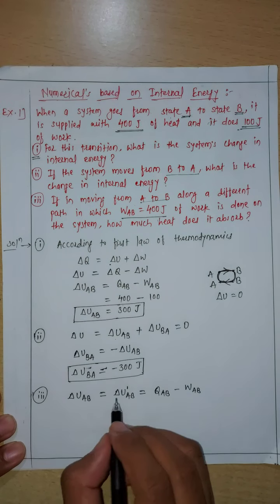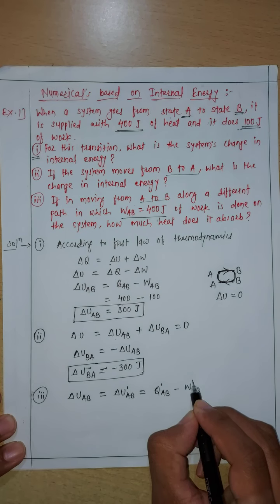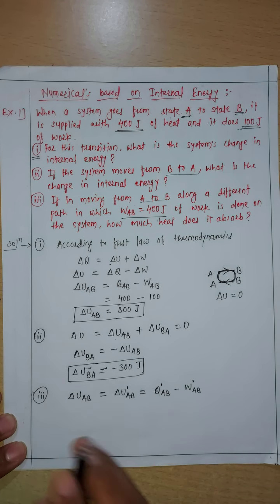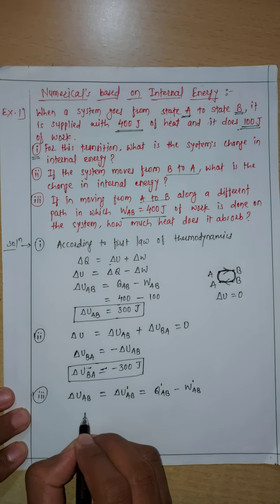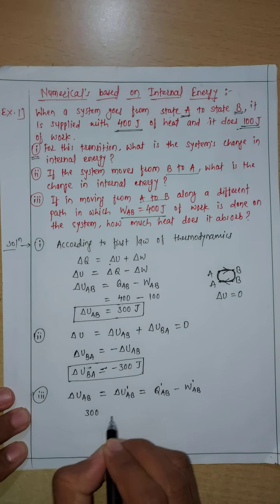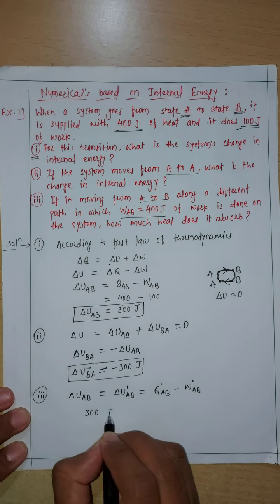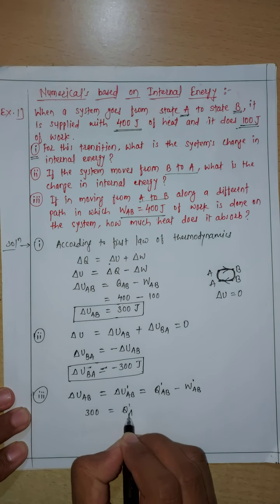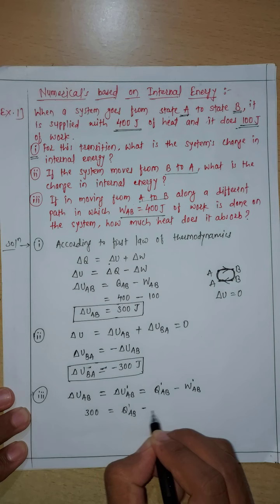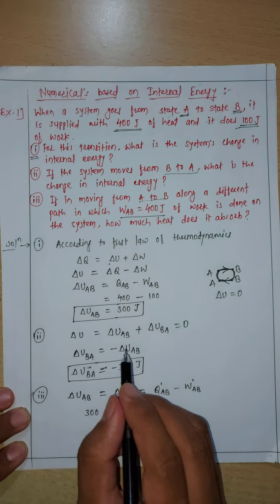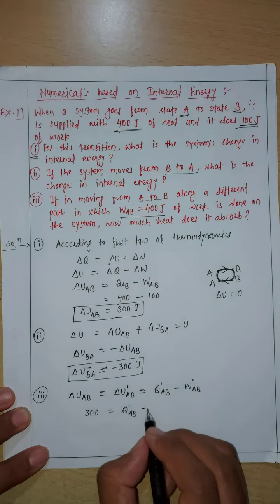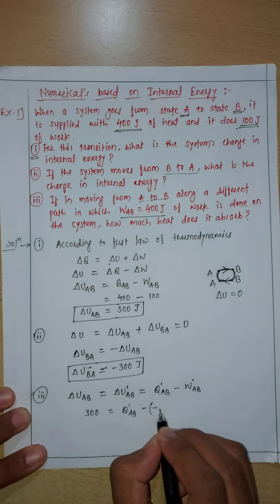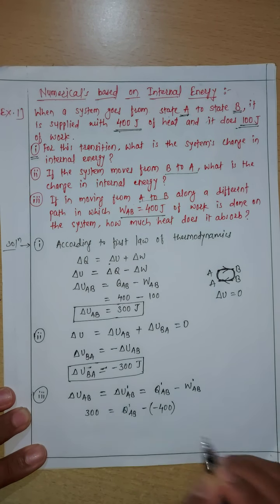So for this dash, the new internal energy should remain constant here. The first internal energy we got is 300 joule, and that should equal Q dash AB minus WAB, and WAB is 400 joule. So we use here minus 400 joule.